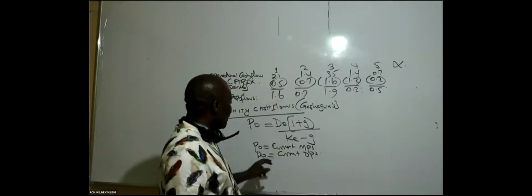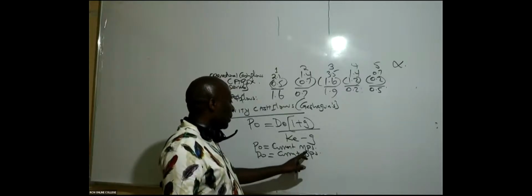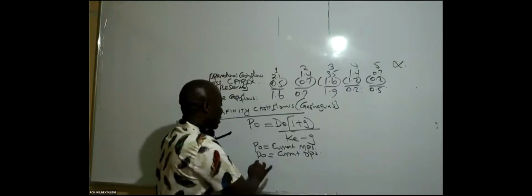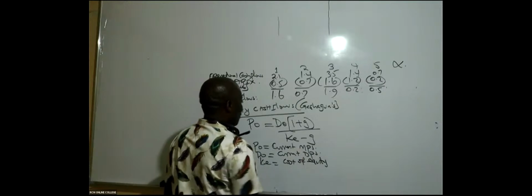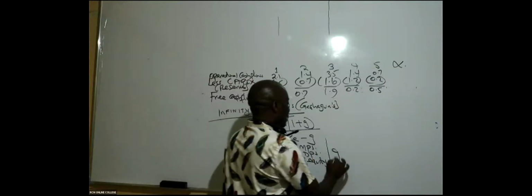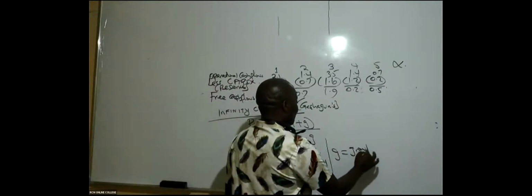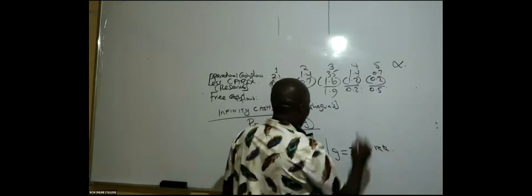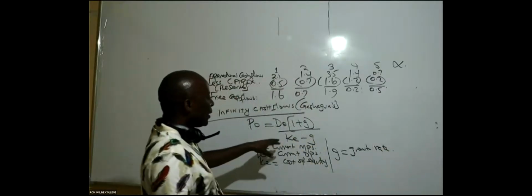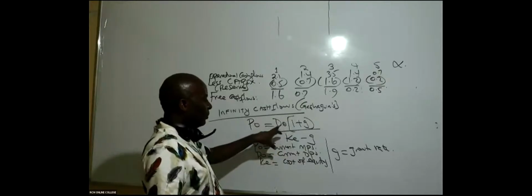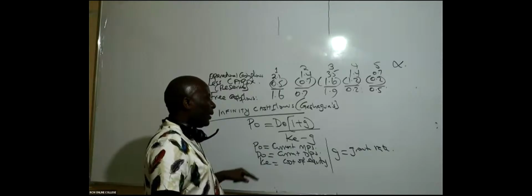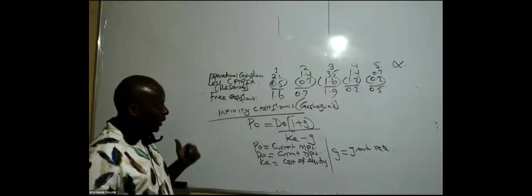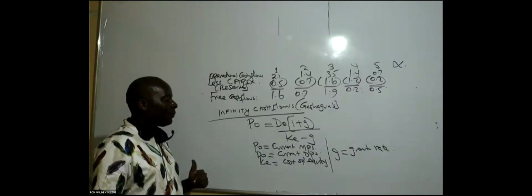Then we have KE, which is the cost of equity, and G, the growth rate. So D0 into (1 plus G) is what we call D1. Somebody may omit this and talk of D1 over KE minus G, but I prefer pulling it from here.